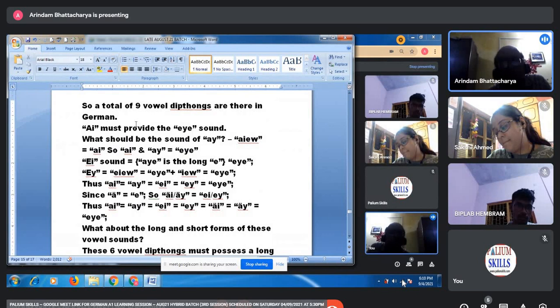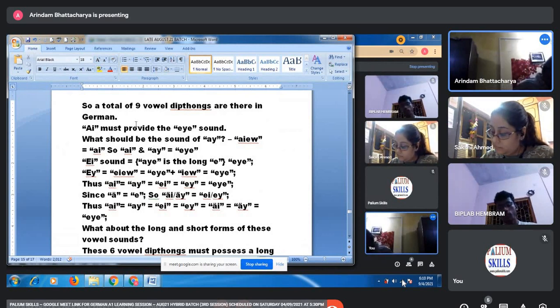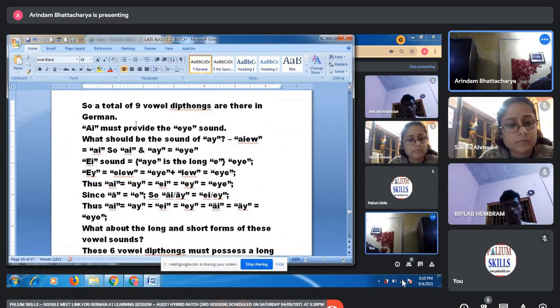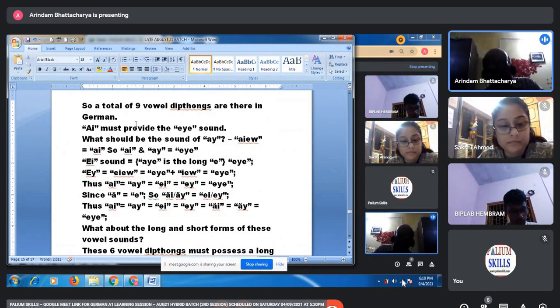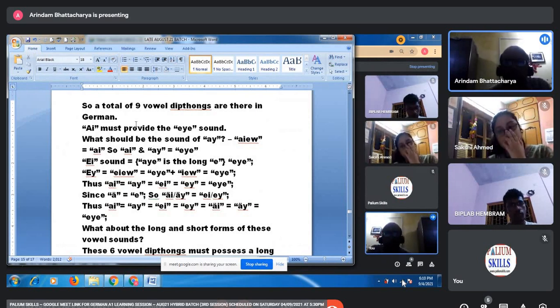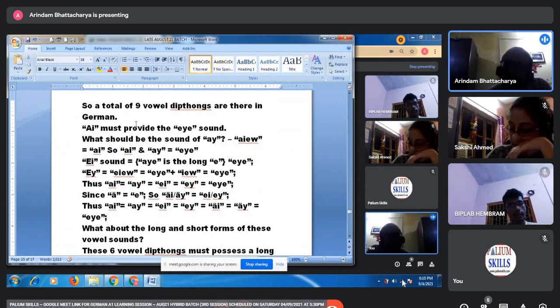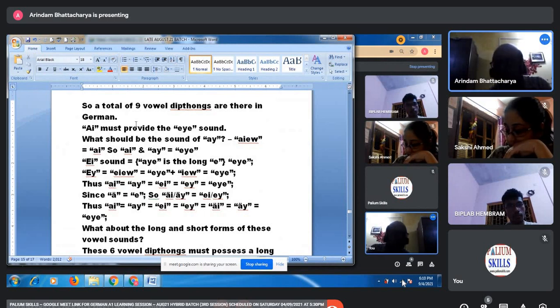Now, if all these 6 diphthongs give the same sound of I, then this becomes fact that this I sound can have a short as well as a long sound.